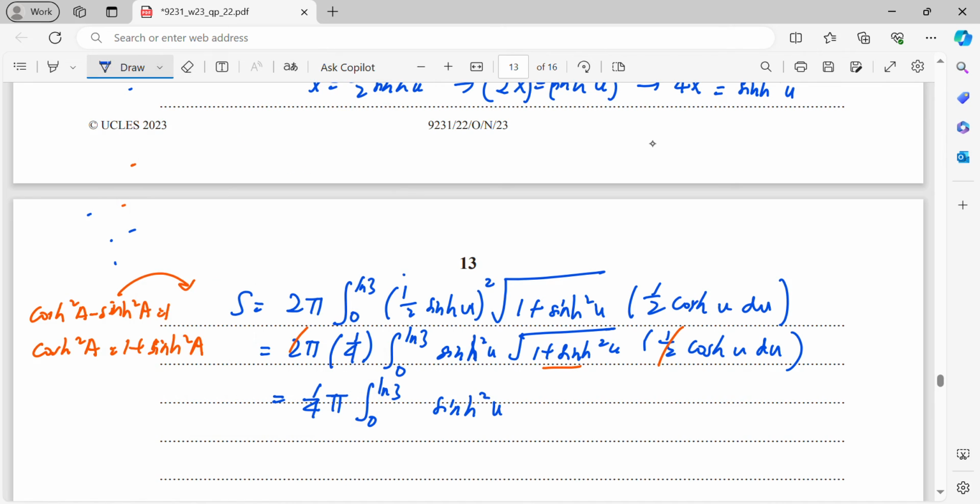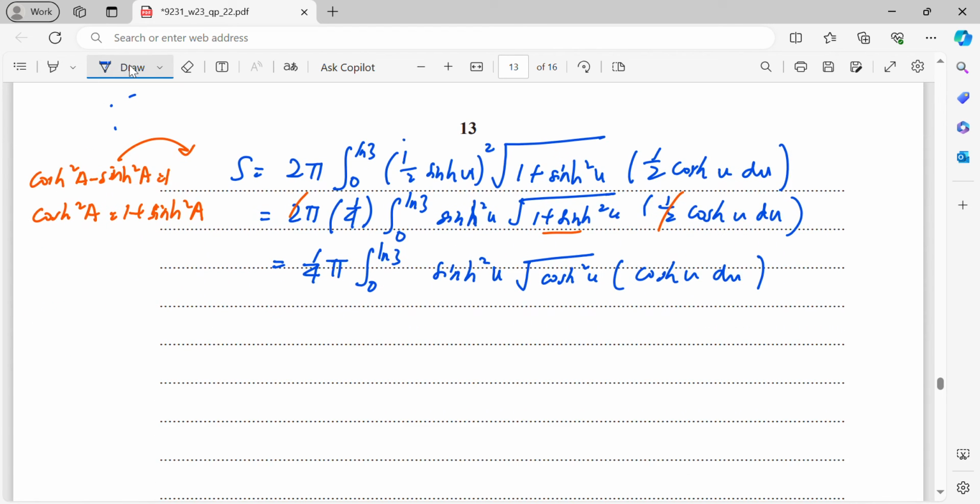That means here you will get square root of cos squared u, then another cos u du. When you simplify, you are getting 1 over 4 pi integrate 0 to ln 3. This is basically sine squared times cos squared, that is sine u cos u squared.